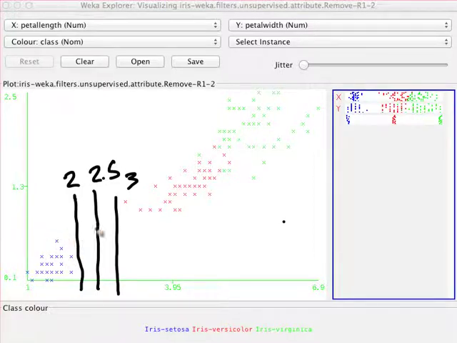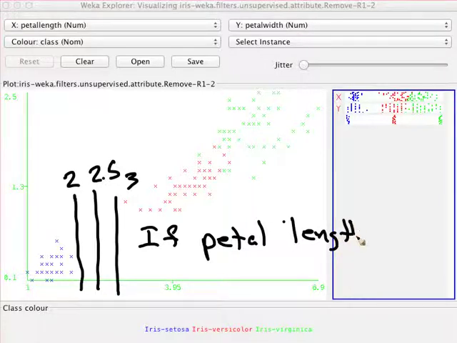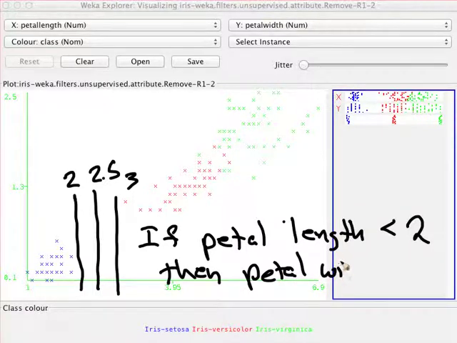So what we could say is that if we want to make an association rule, we could say something like, if petal length, because remember that's the horizontal axis here, is less than 2. If we relate this rule to the class, it's a classification rule, but if we relate it instead to the other feature, then we have an association rule. So if petal length is less than 2, then we want to say something about petal width.